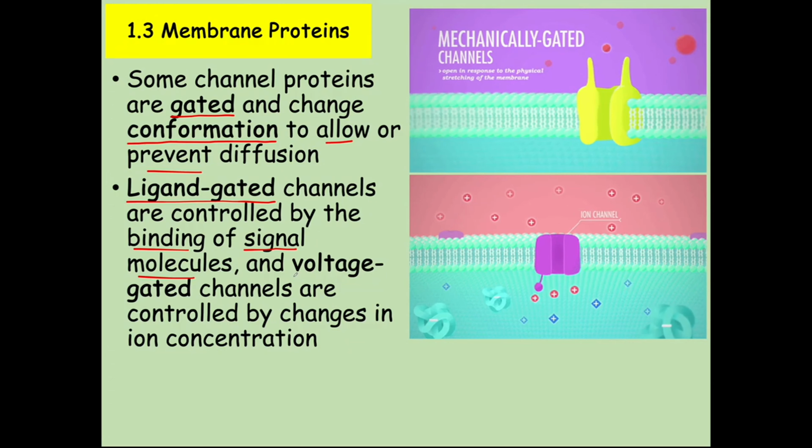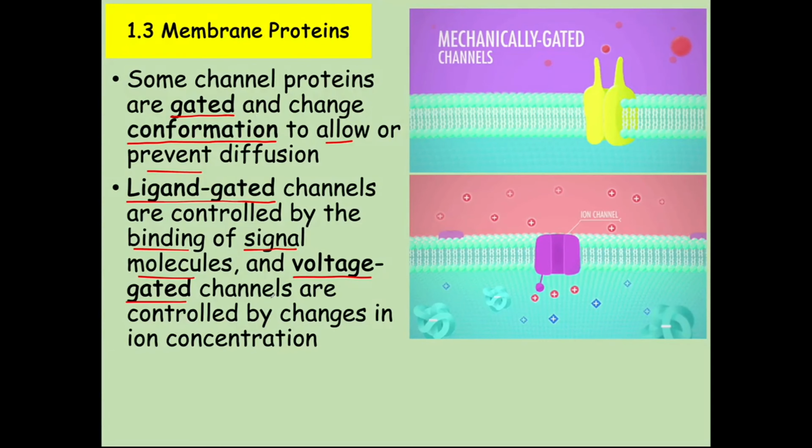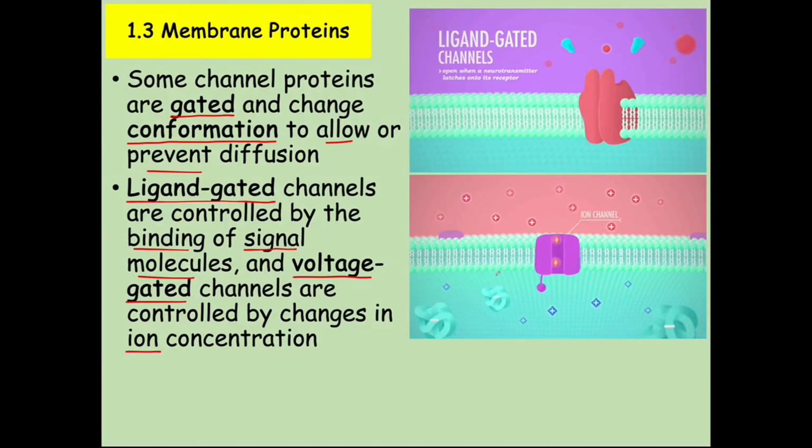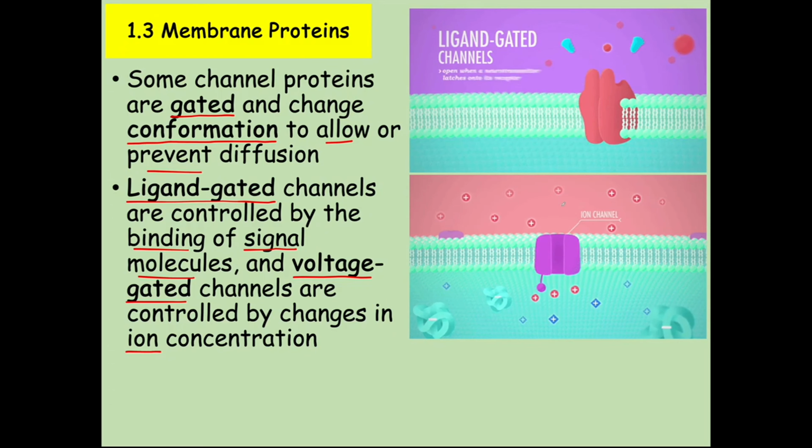We also have to know about a second type called voltage-gated channels. Now, again, as you could probably guess by the name, voltage-gated channels are controlled by changes in ion concentration. And we can see here in this GIF as well, we've got a much higher concentration of positively charged ions on this side of the membrane than we have on the opposite side.